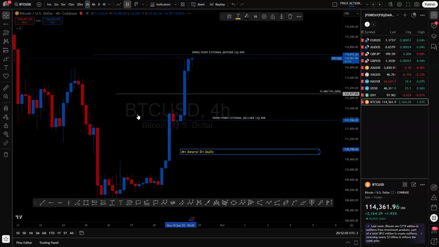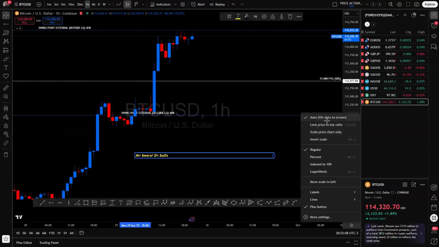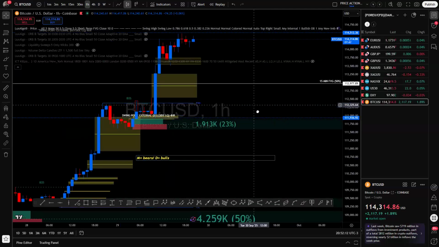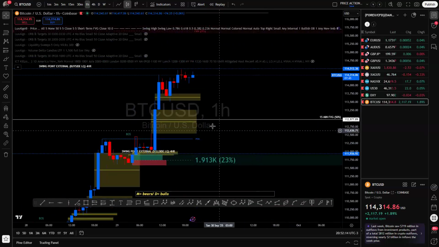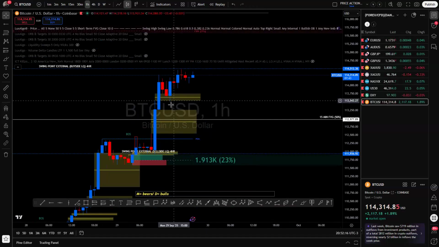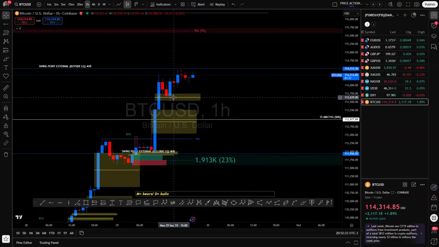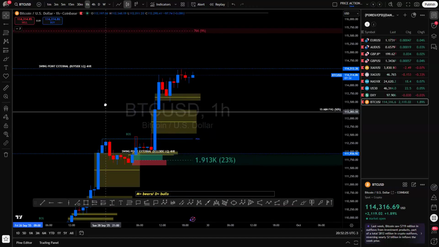So now, we want to go to the 1-hour time frame. We turn on the price actions indicator. We see that price has rejected this most recent fair value gap here.